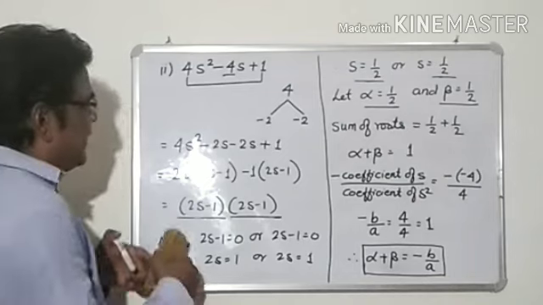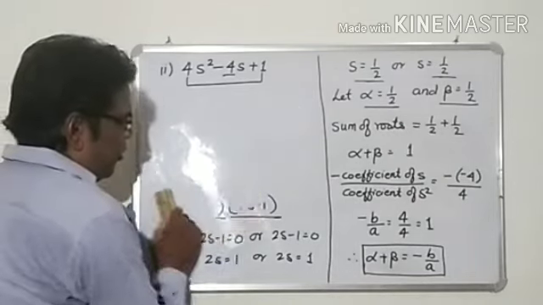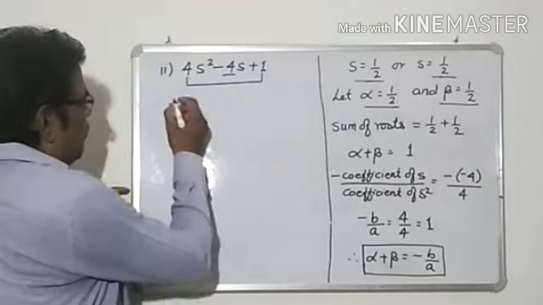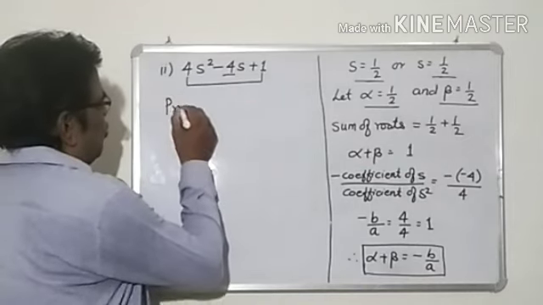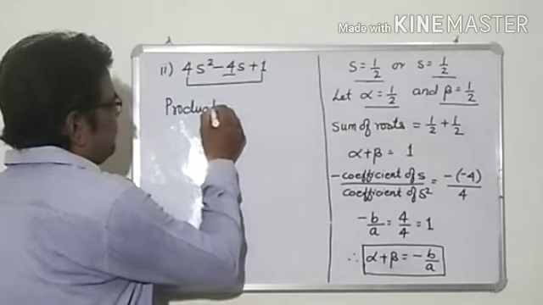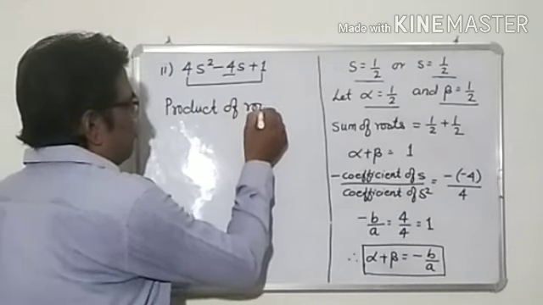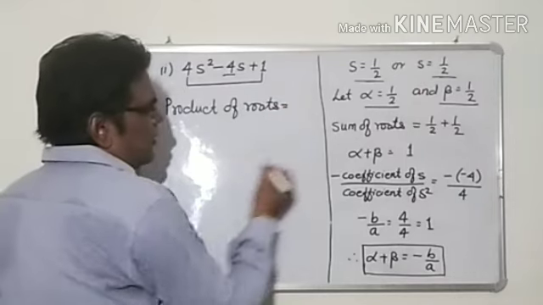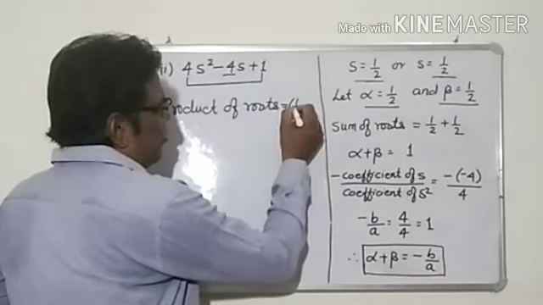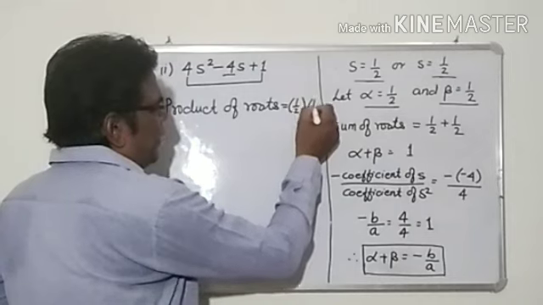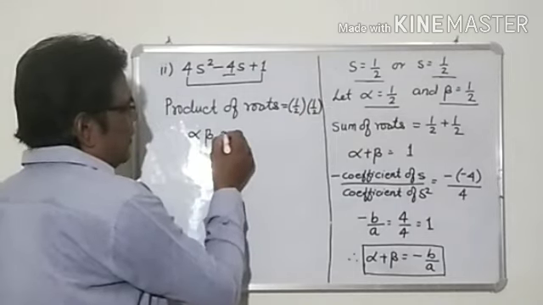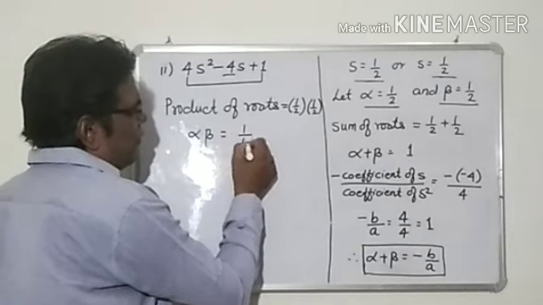Now we will verify the second part, that is the product of the roots. So we will find out what is the product of roots. The roots are 1 by 2 and 1 by 2, so you will do 1 by 2 into 1 by 2. So alpha beta, 1 by 2 into 1 by 2, will be 1 by 4.